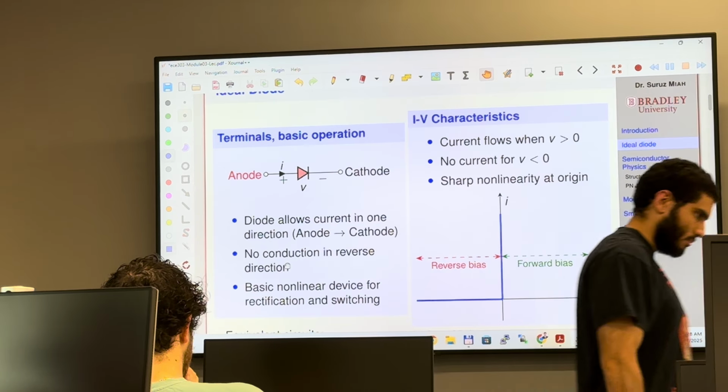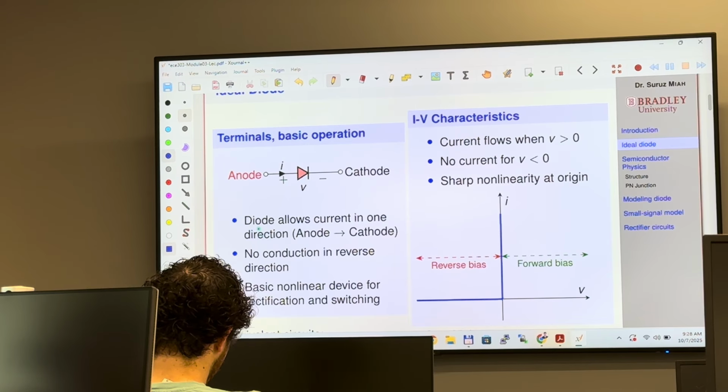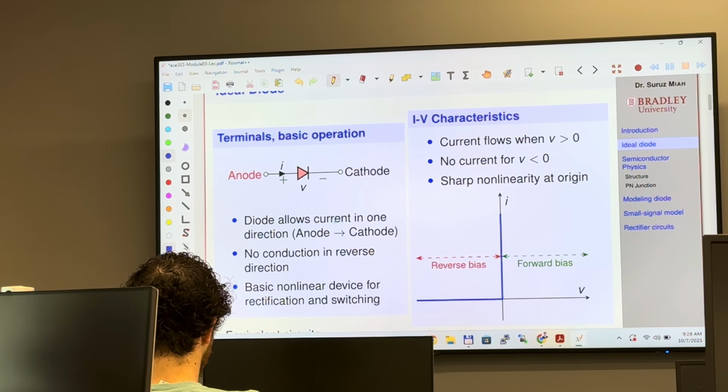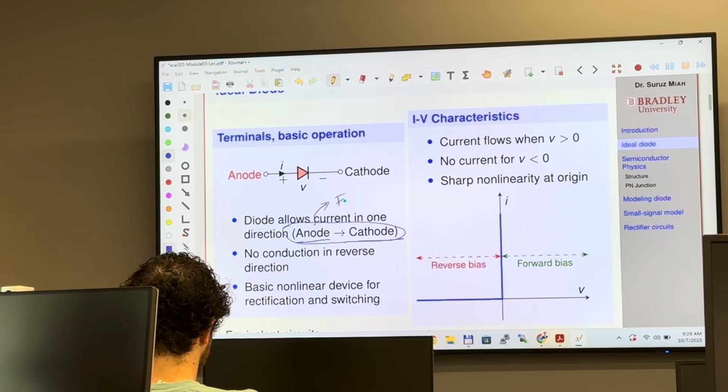Since the diode allows current to flow in one direction only, from anode to cathode, this mode is called forward bias, and I have this in the next slide.